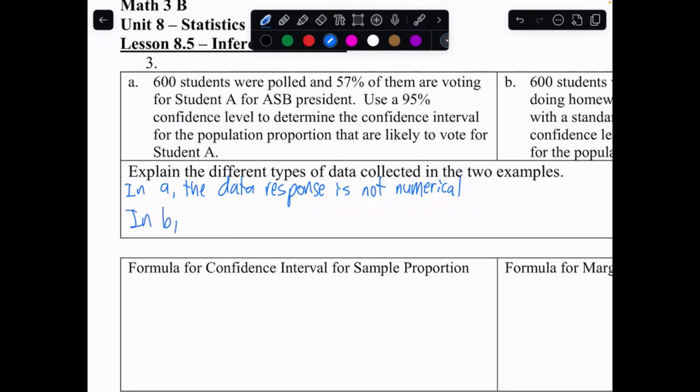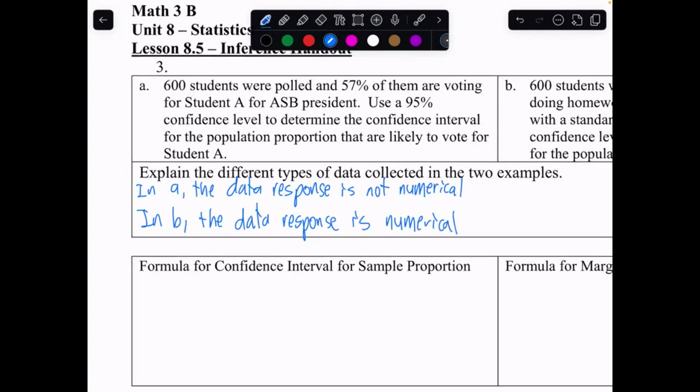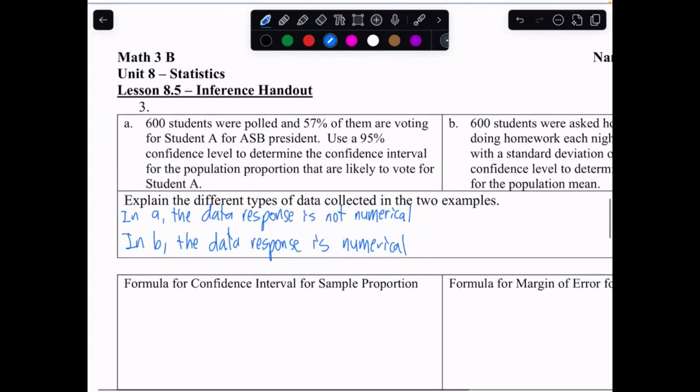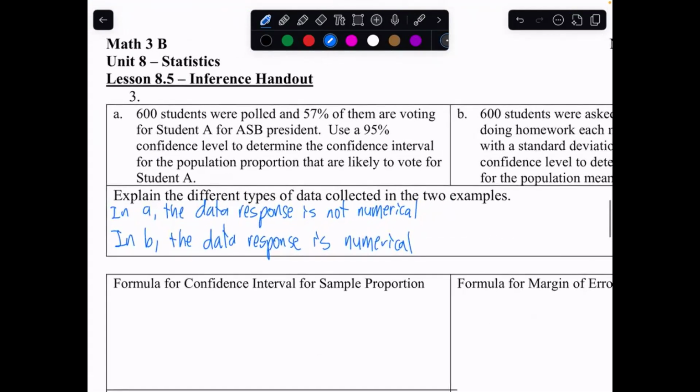On the other hand, in B, the data response is numerical. Okay, again, in A, your answer is going to be yes or no. In situation B, your response would be a number of hours.